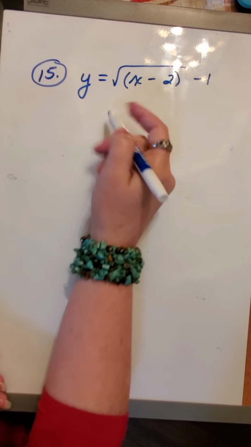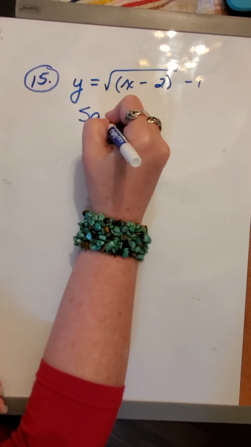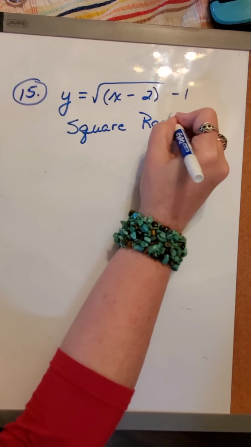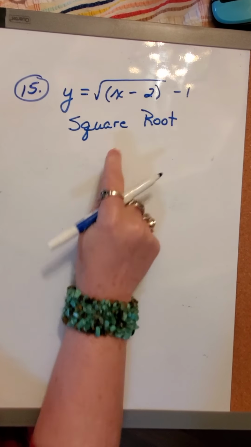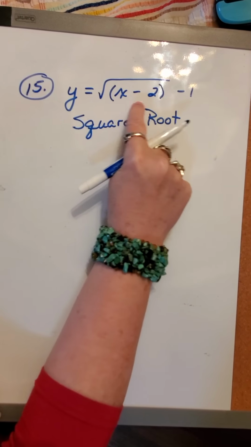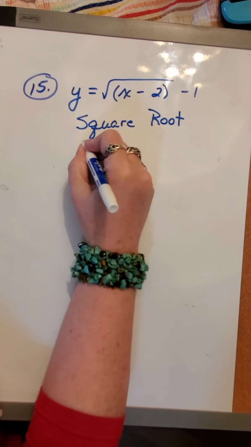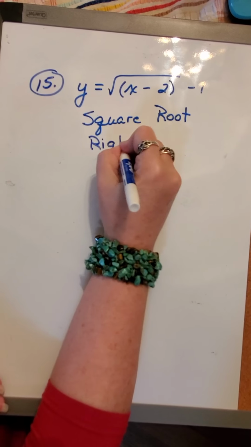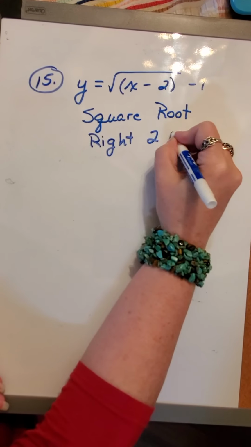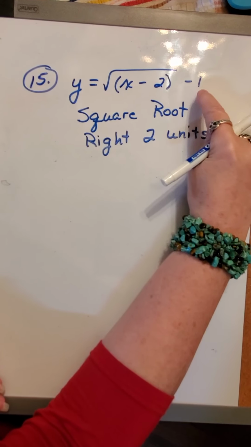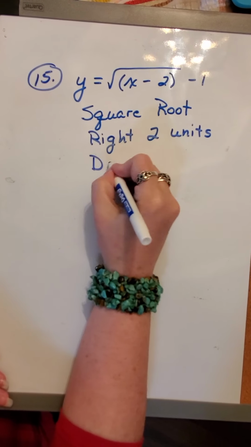So this one is the square root function. Okay, this is, like I said, same as parentheses, does opposite of what you would think. So right 2 units. And this is outside the parentheses, so that would be down 1 unit.